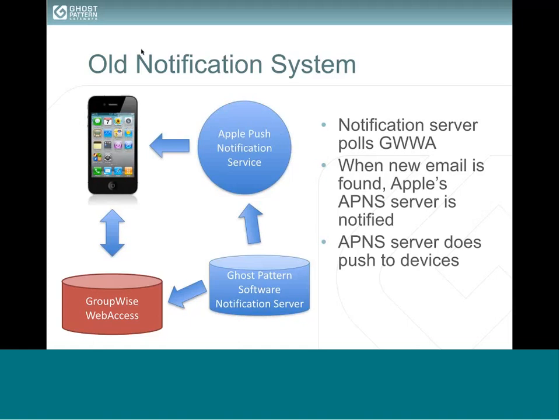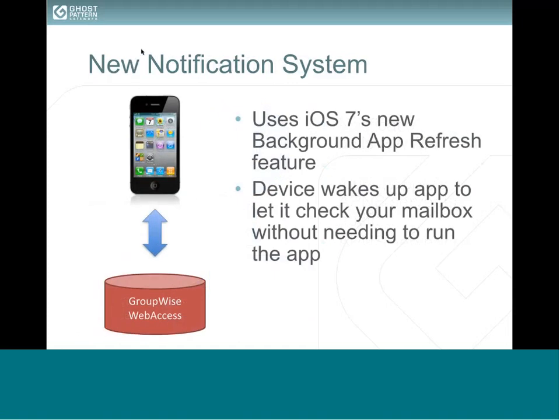Well, that had its problems, but fortunately in iOS 7, we have the opportunity for apps to run in the background. It's called the background app refresh. This feature's brand new, and basically what it allows an app to do is to register with the system as needing to be woken on a regular interval to go out and check for new content.